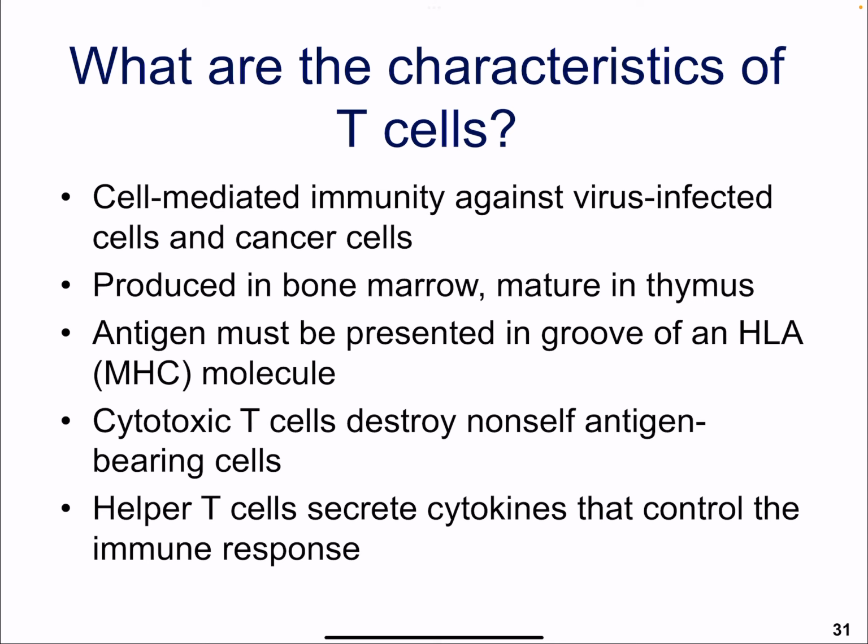How about the characteristics of the T cells? T cells are going to be in charge of the cell-mediated immunity, right? Typically against virus-infected cells and cancer cells. These cells are going to be produced in the bone marrow. However, they don't mature there. They are going to mature in the thymus, right? These cells recognize a particular type of antigens that are presented by antigen presenting cells, right?